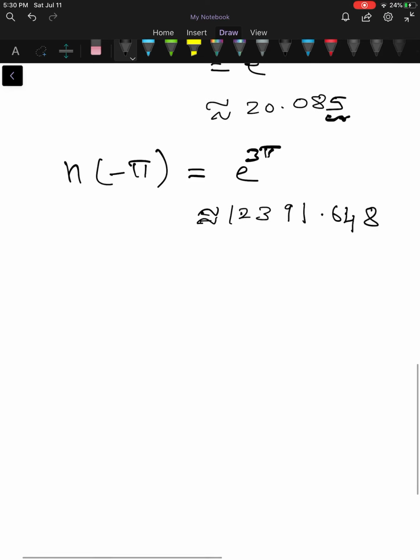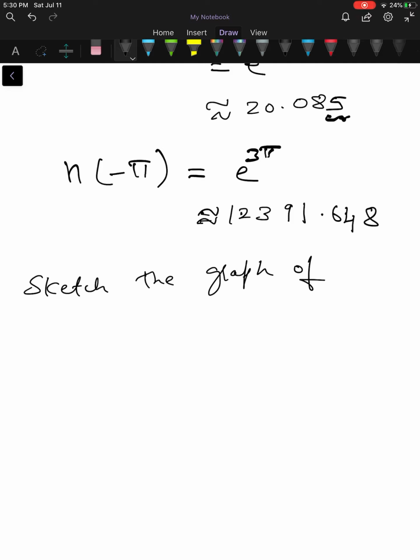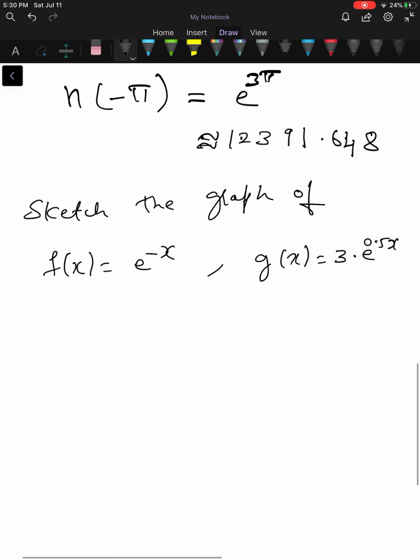So coming to the graphing of exponential functions, if we have to sketch the graph of, say, f of x is equal to e to the power of negative x, and g of x is equal to 3 times e to the power of 0.5x.